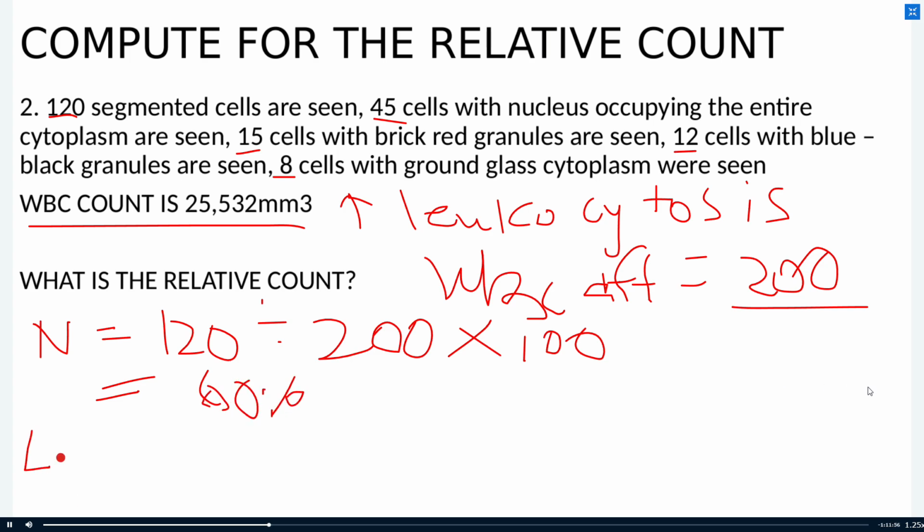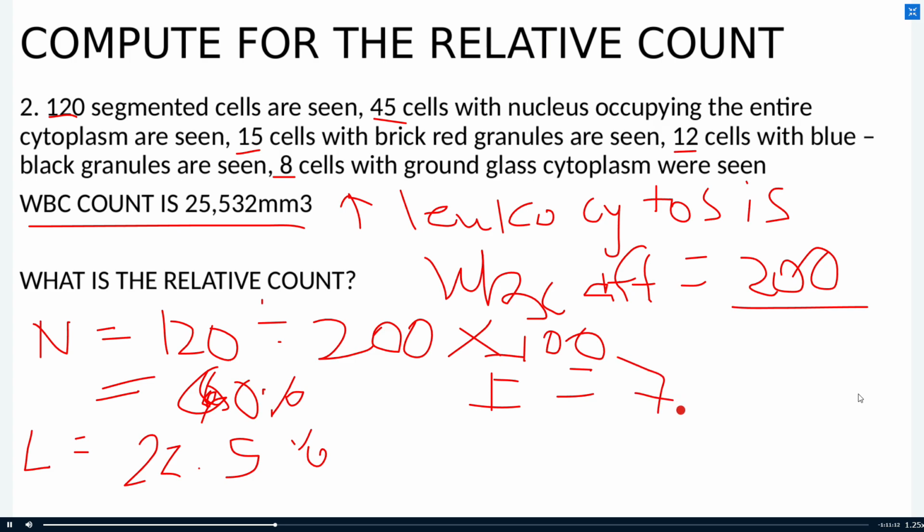Okay. How about the lympho? How about your lymphocyte? 45. Okay, 22.5%. How about your AO? 7.5%.